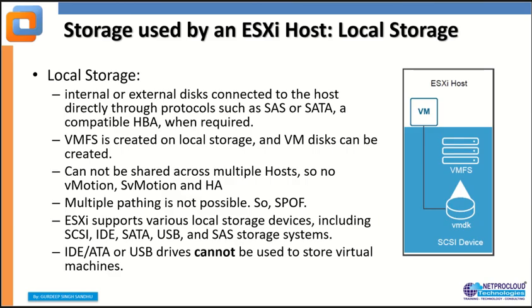First of all, local storage. This is your ESXi box, and the disks present in the ESXi host are connected by SCSI, SAS or SATA compatible HBA or cable. That is called local storage.